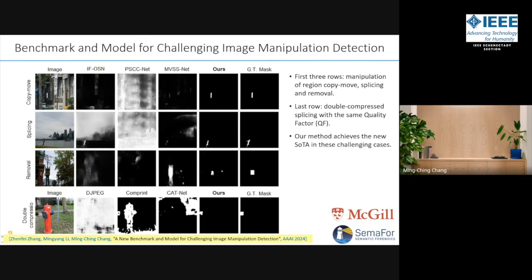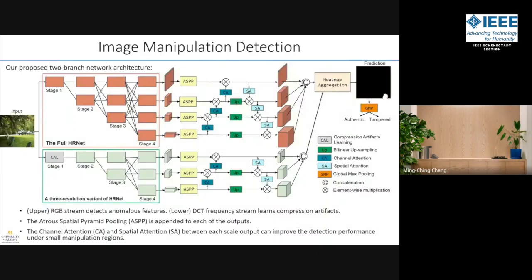So we want to detect this copy-move, splicing, and removal kind of editing by using an HRNet kind of segmentation network. Basically, you treat this forensics as a segmentation problem, where 0 is for authentic and 1 is for forgery.